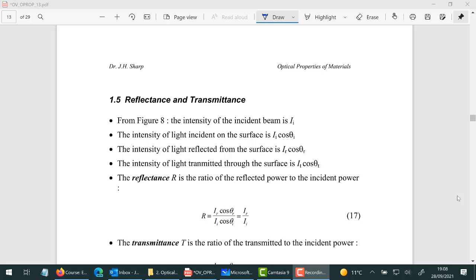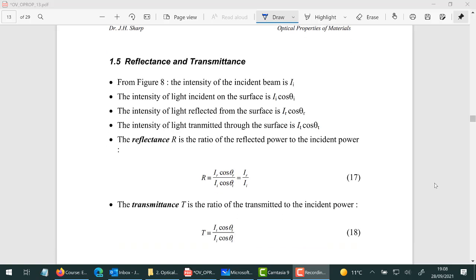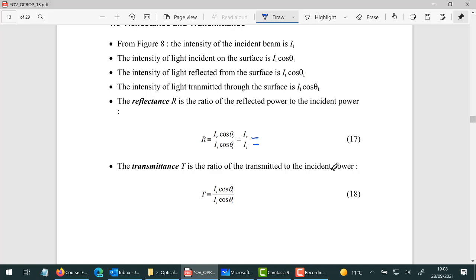So rather than dealing with the reflection and the transmission coefficients, small r and small t, what's more useful to consider is the reflectance, capital R, and the transmittance, capital T. And we define these as being the ratio of the reflected intensity, the total reflected intensity, divided by the total incident intensity, and obviously the same measurement for the transmission.